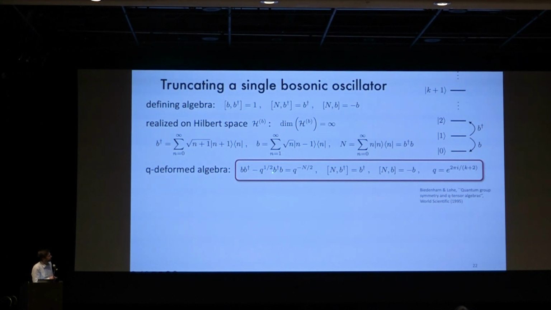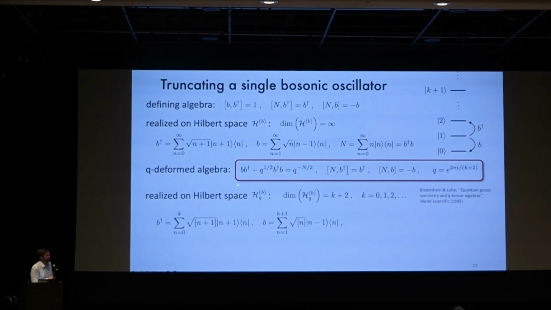The trick is that if you think about representations of this algebra, you can naturally represent this on a finite dimensional Hilbert space, where the operators basically look the same. But you need to replace ordinary numbers with so-called Q numbers, which behave a bit funny. And then you can convince yourself that this is the algebra that works.